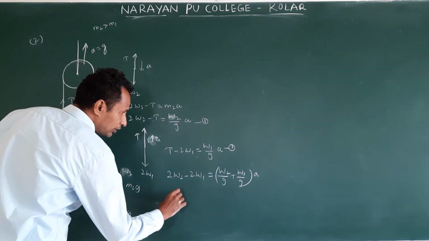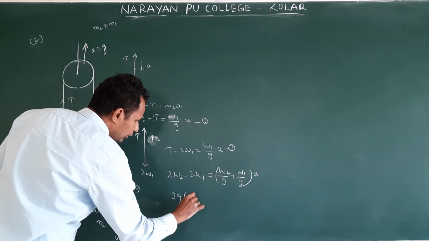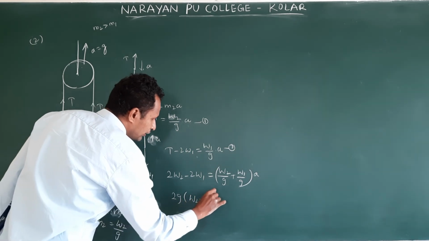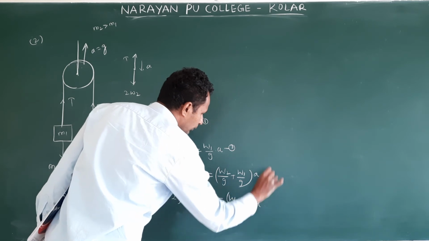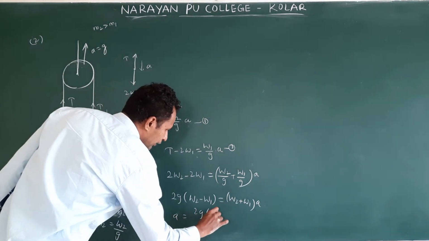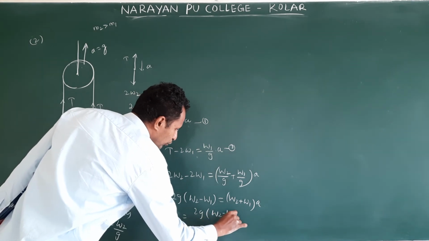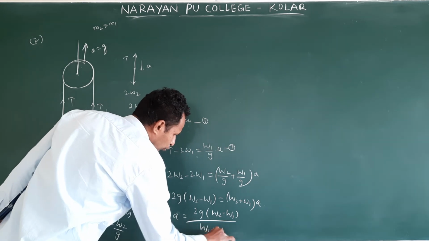Here 2 is common, and make a the subject. You will get 2g into W2 minus W1 is equal to W2 plus W1 into a. Then a is equal to 2g into W2 minus W1 by W1 plus W2.